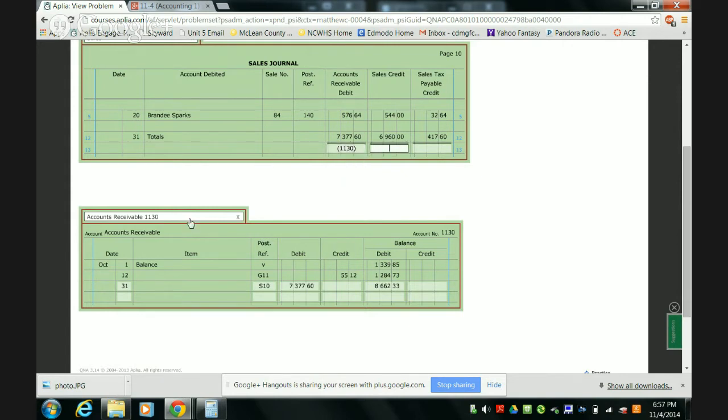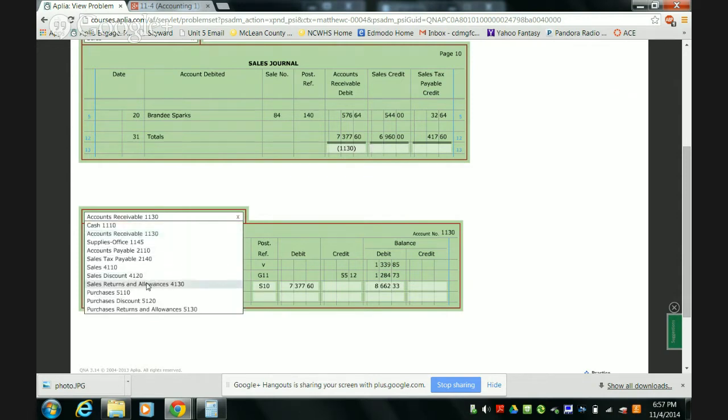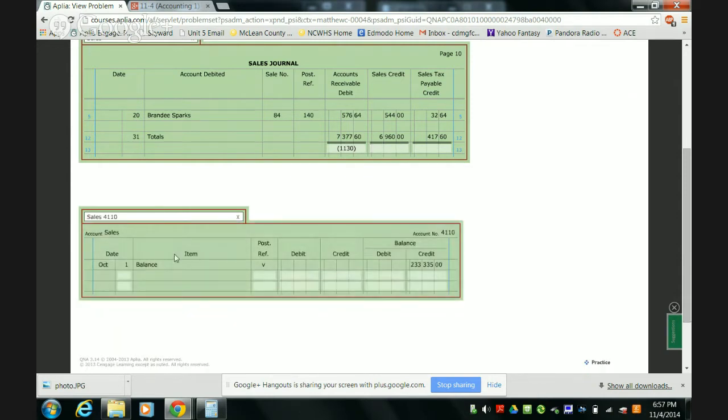I'll do the same thing here with sales credit. I'll go to sales. On the 31st from S10, I've got a credit of $6,960. I will add that to what I've got here.